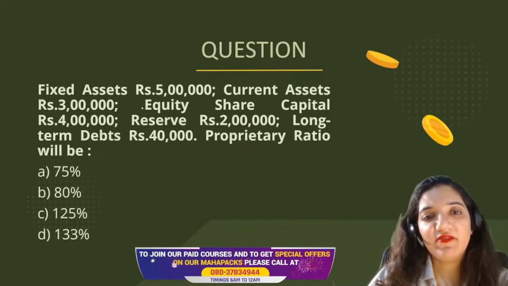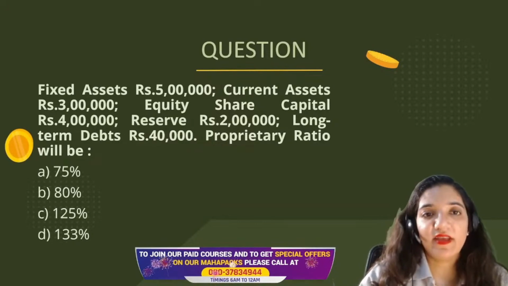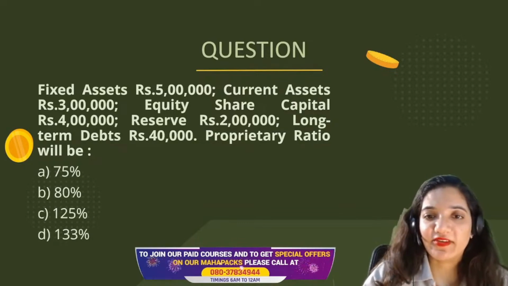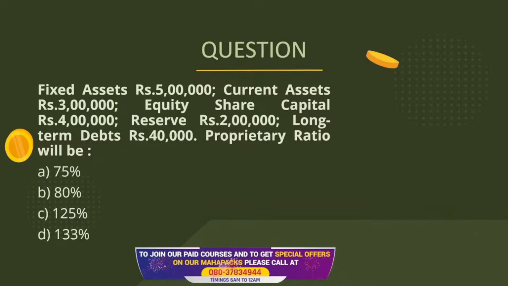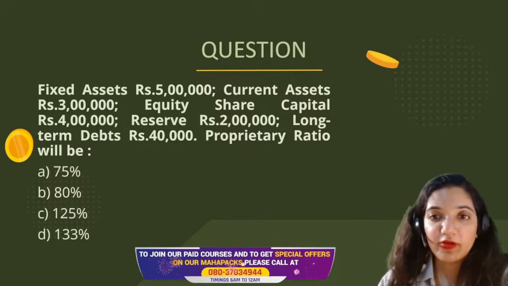Next question. We have fixed assets, we have current assets, we have equity share capital, reserves, long-term debts. Now find out the proprietary ratio. Proprietary ratio would mean the ratio of the proprietor.